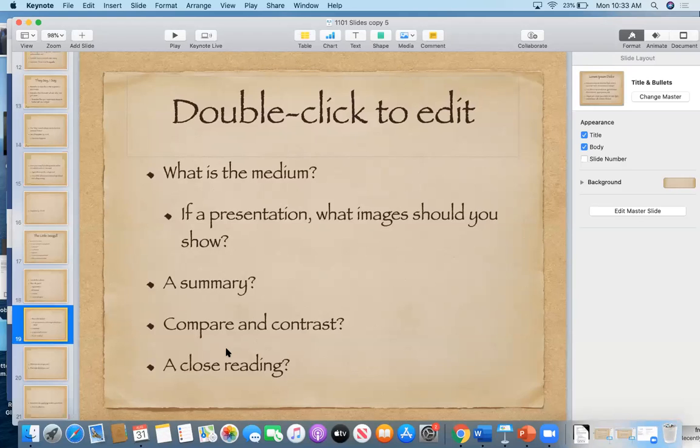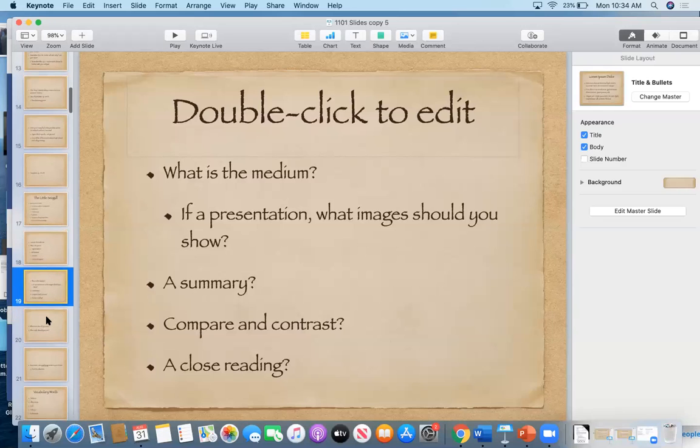But a close reading might examine why this poet used this word here, this word there. Some poems have a visual style, what they call shape poems. So close reading just means looking at a passage and examining it in more detail than you would if you were just reading it as normal.